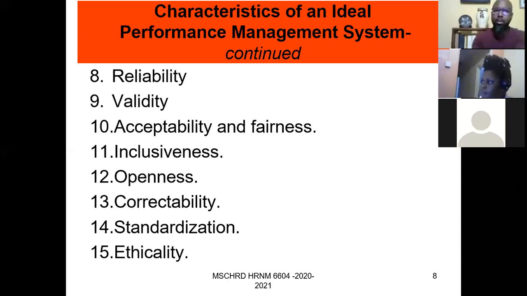So acceptability by the users, and ensuring that the system is fair, that it's measuring what it needs to measure, that it's valid and reliable, is very, very important. So I go back to inclusiveness, and inclusiveness means that we allow the employees to give feedback about the system.